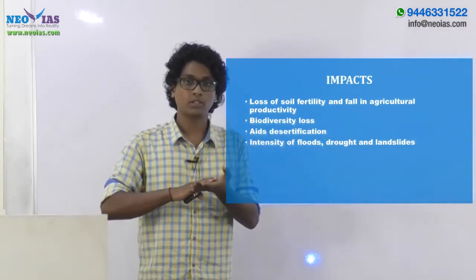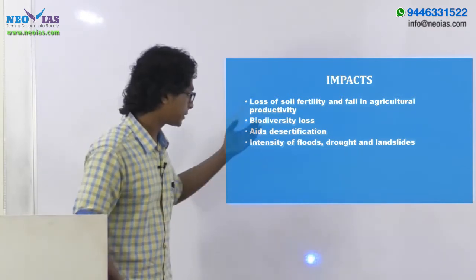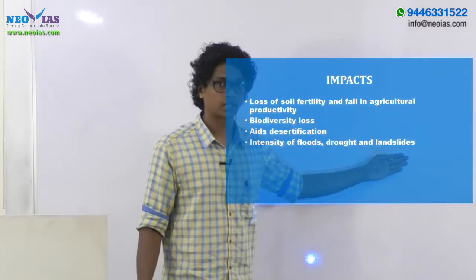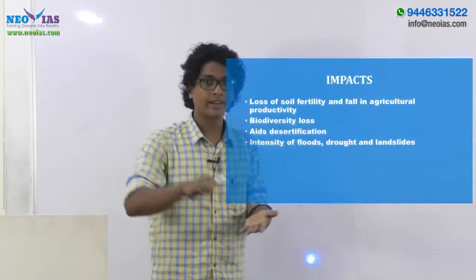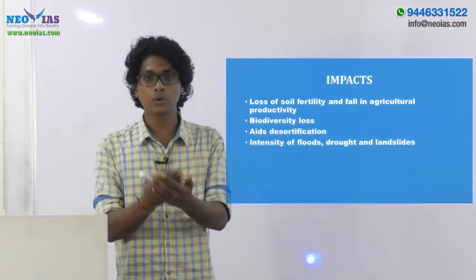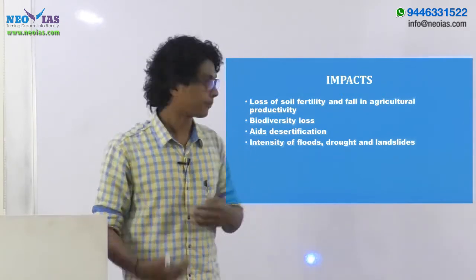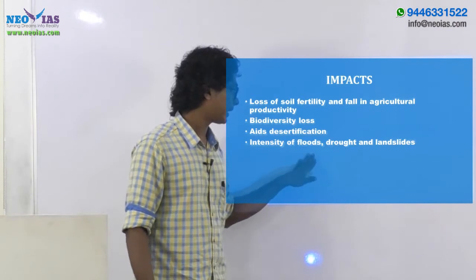If we have soil degradation, the intensity of these disasters will increase. Soil erosion is especially related to landslides. In the down-valley regions of hill slopes, with more soil erosion, more landslides will take place, resulting in huge destruction, as well as in the case of drought and flood.